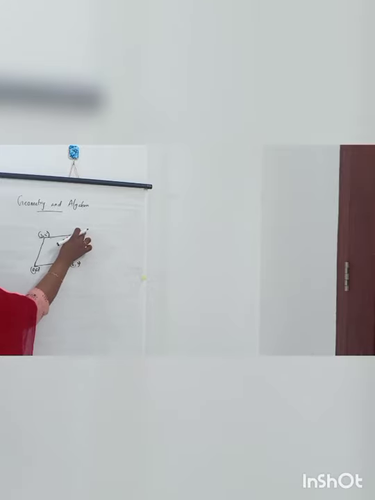So here also you can add 6 to the x coordinate. So 3 plus 6 is 9, and 0 plus 2 is 2. So 5 plus 2 is 7. So simply you can find the fourth vertex of a parallelogram. Clear?